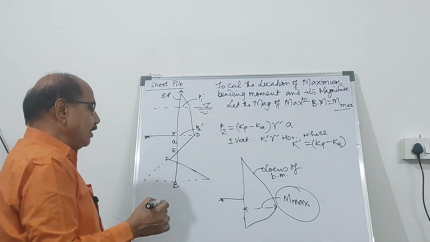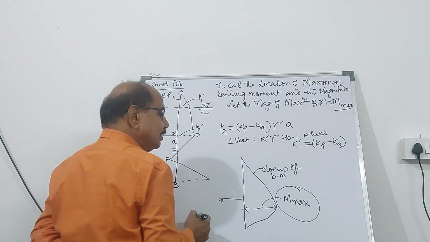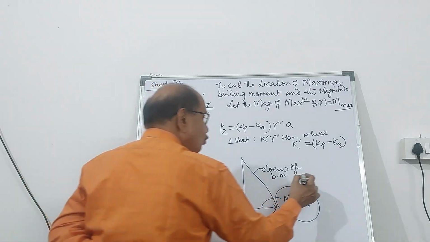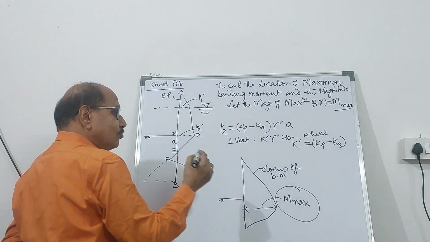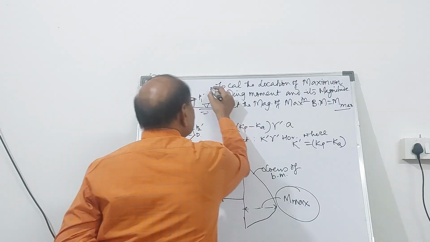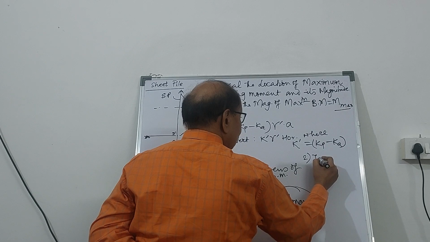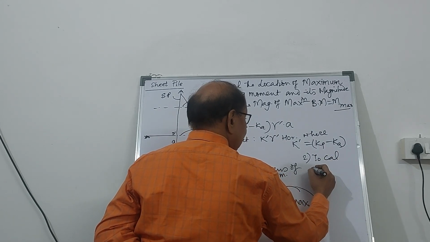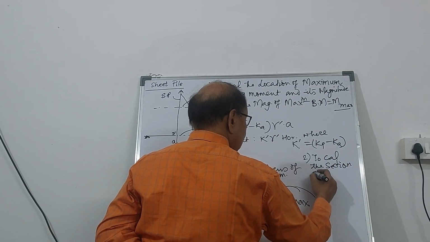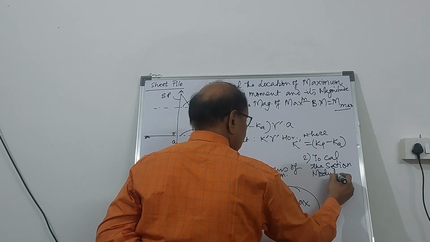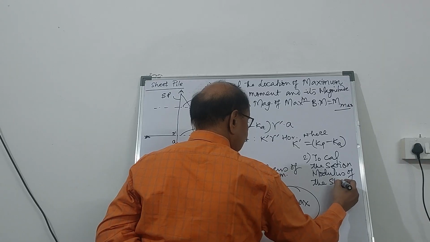So if you can find out the maximum bending moment, then you can find out the section modulus of the sheet pile. So this is the first objective, and the second objective is to calculate the section modulus of the sheet pile.